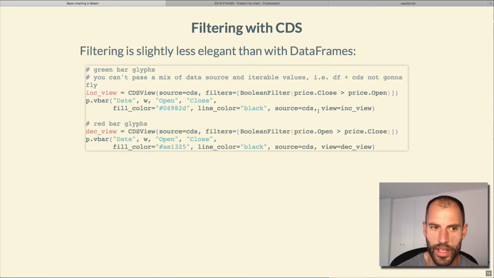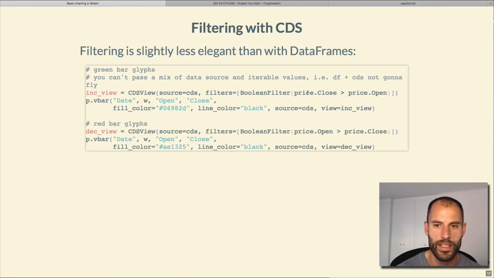I have to pick one or the other, right? Because I need the tooltips, I need the column data source, and because I need the column data source, I can only specify these names for the columns. So I can't give it that nice mask to tell it to render only on the red or on the green. And now I have to use Bokeh syntax to do this.